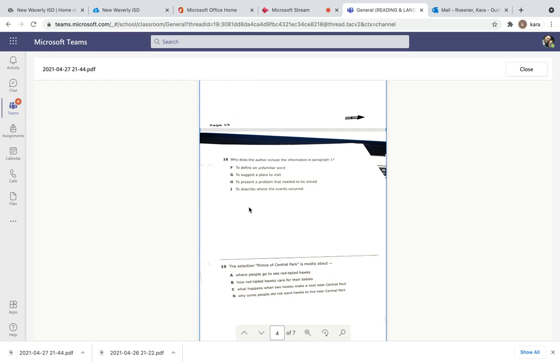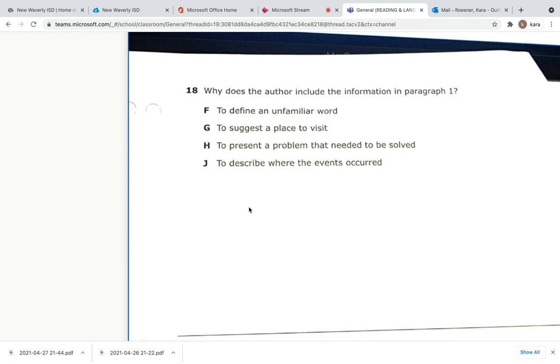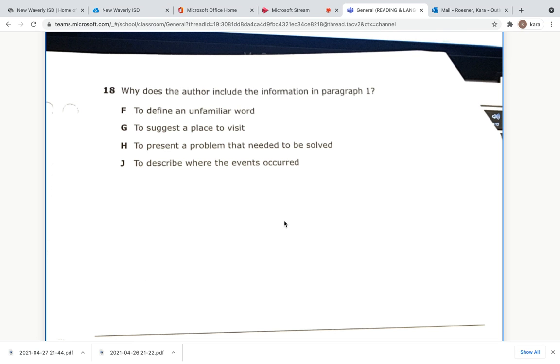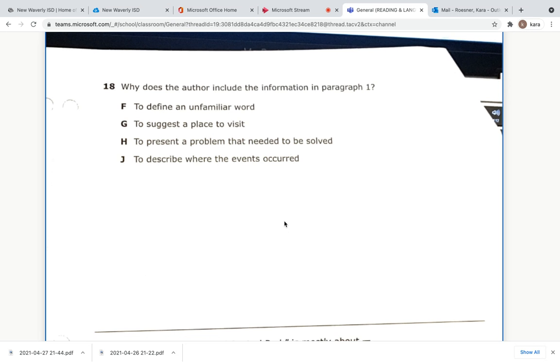All right, so starting with number 18, I'm going to make it a little bigger for you. Why does the author include the information in paragraph 1? F, to define an unfamiliar word. G, to suggest a place to visit. H, to present a problem that needed to be solved. Or J, to describe where the event occurred.